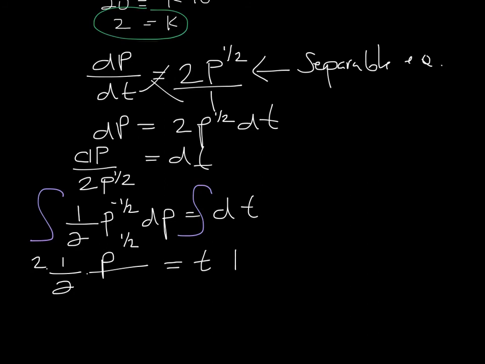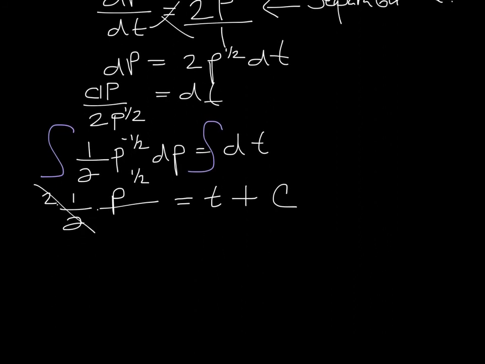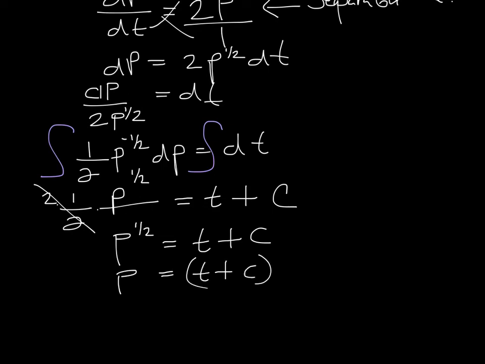We have t plus a constant of integration. So we're left with P to the 1/2 equals t plus c. If we square both sides, we can solve for P, because we want a P of t. So that's t plus c quantity squared.